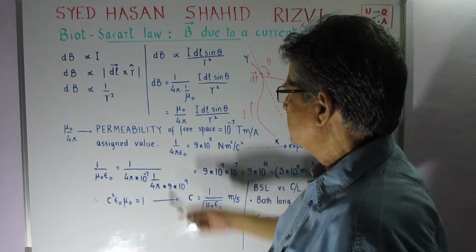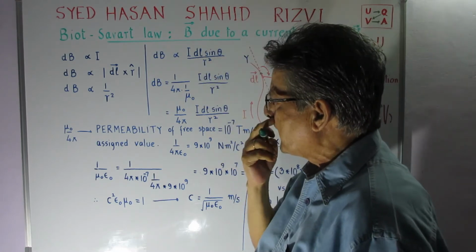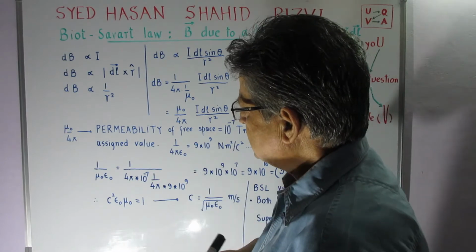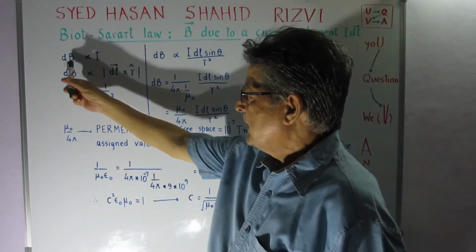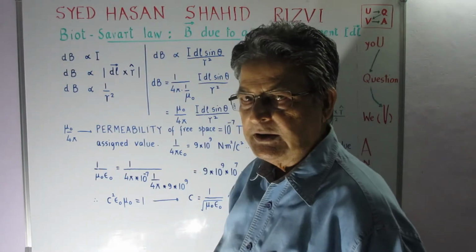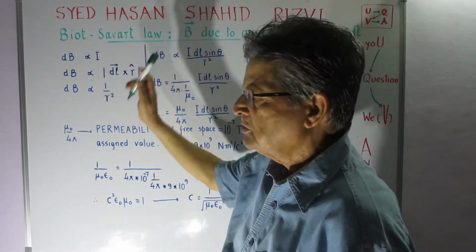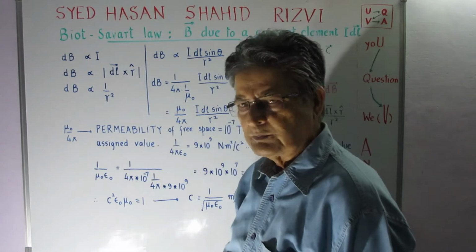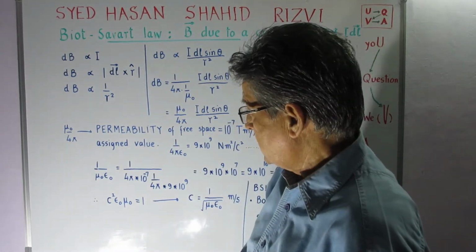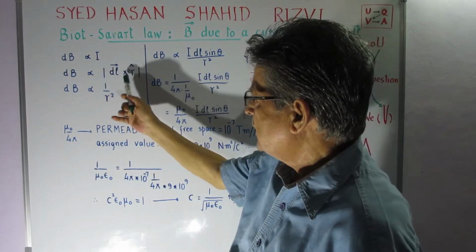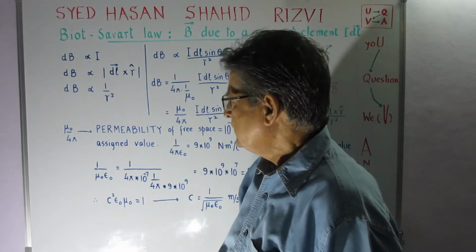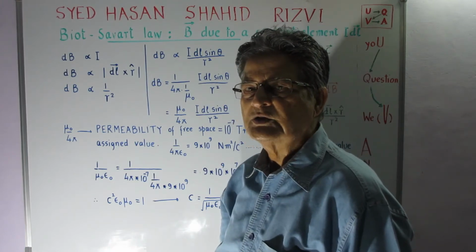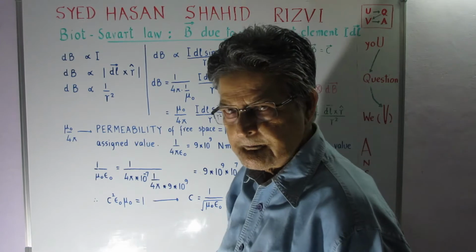I'm not going to write this equation directly. We can see that the magnitude of the field dB is proportional to the current. Double the current and this will become double. Okay. Similarly, this is proportional to the magnitude of dl cross r cap.